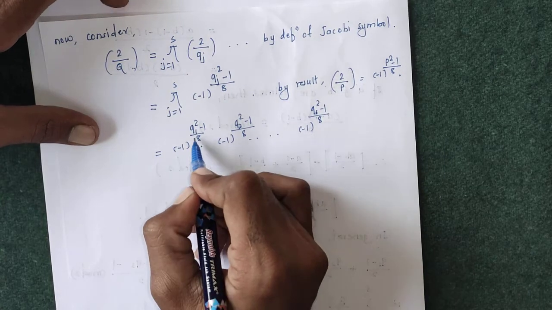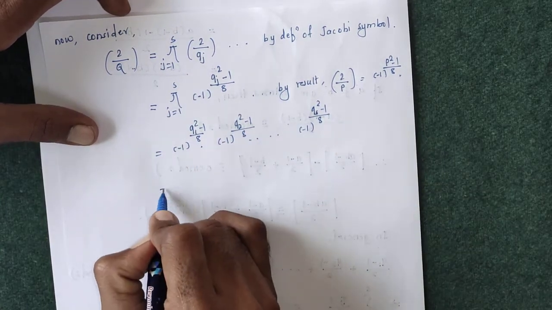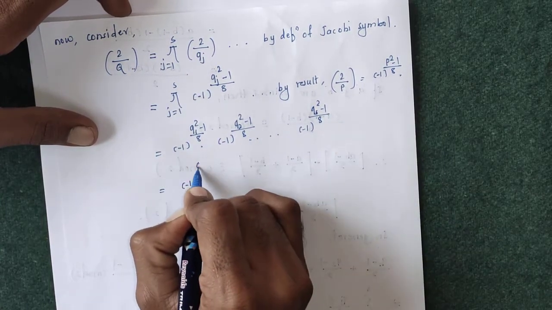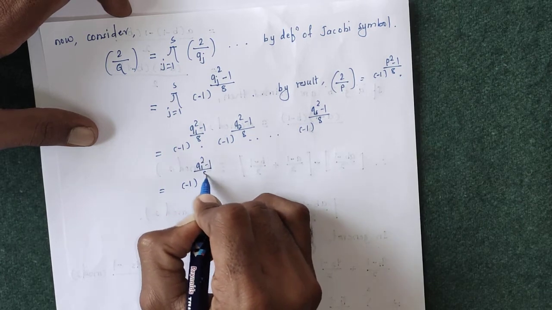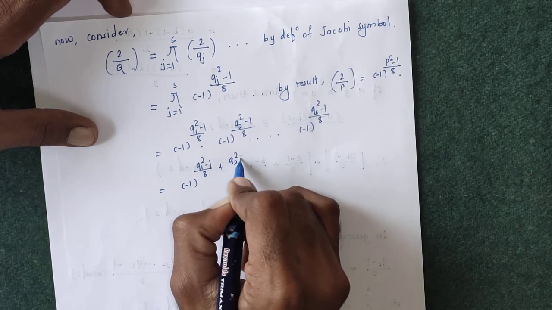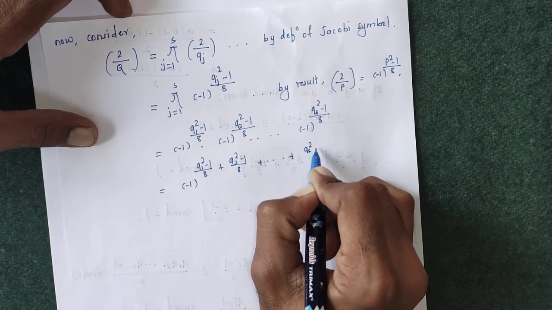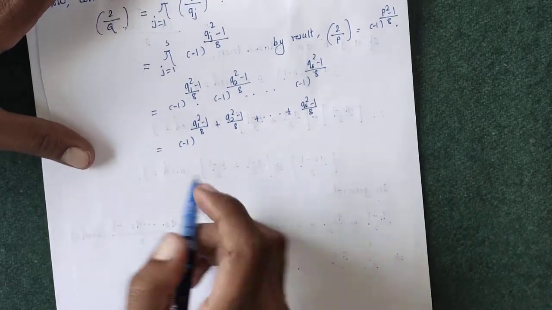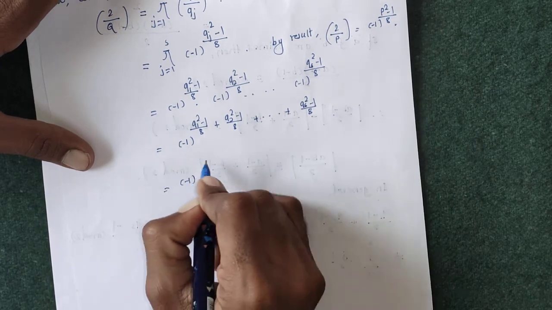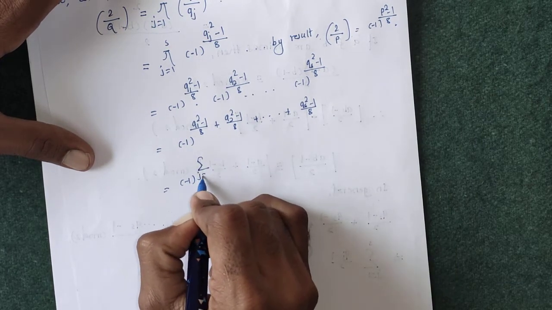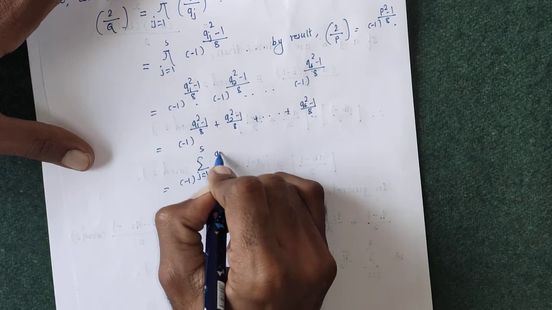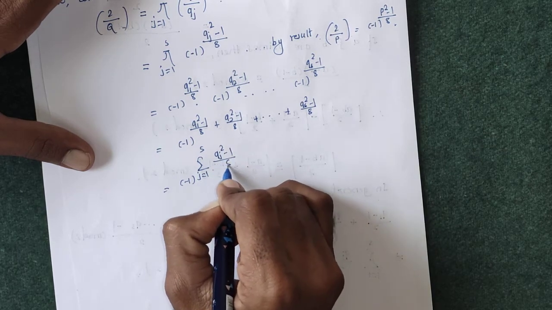Now, these are all powers of minus 1, so we can add the powers: minus 1 to the power q1 square minus 1 by 8 plus q2 square minus 1 by 8 plus up to qs square minus 1 by 8. So, I can generalize this result as minus 1 to the power summation of j running from 1 to s of qj square minus 1 by 8.